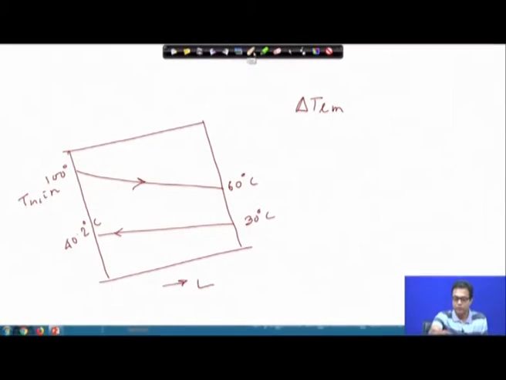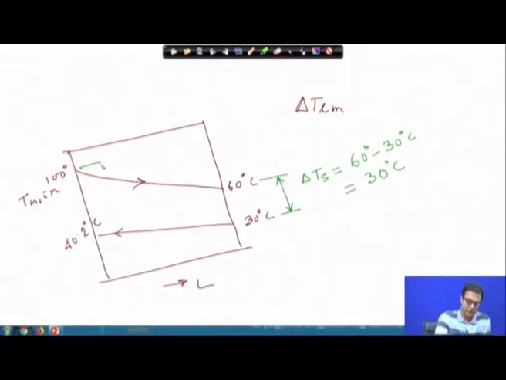Now, we will try to find out the delta T Lm. So, here this is the delta T, say the smaller one, we can understand this is the smaller one. So, this is nothing but 60 minus 30 degree centigrade. So, it is 30 degree centigrade. What about this one?